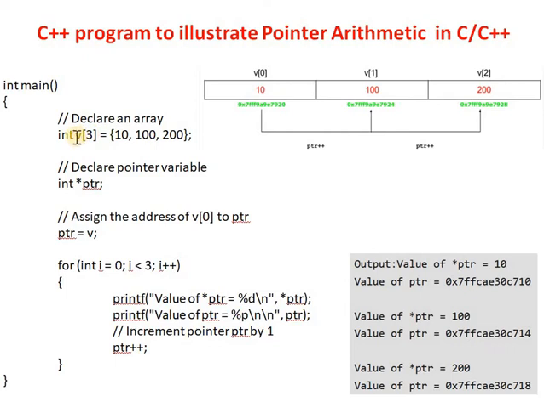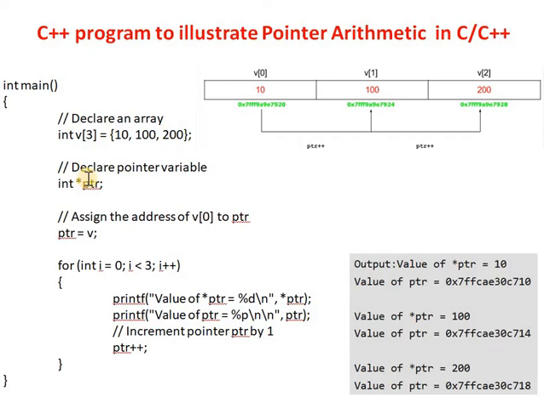Here v is an array of size 3. That array contains 3 integer elements: 10 is the first element, 100 is the second element, and 200 is the third element of the array.